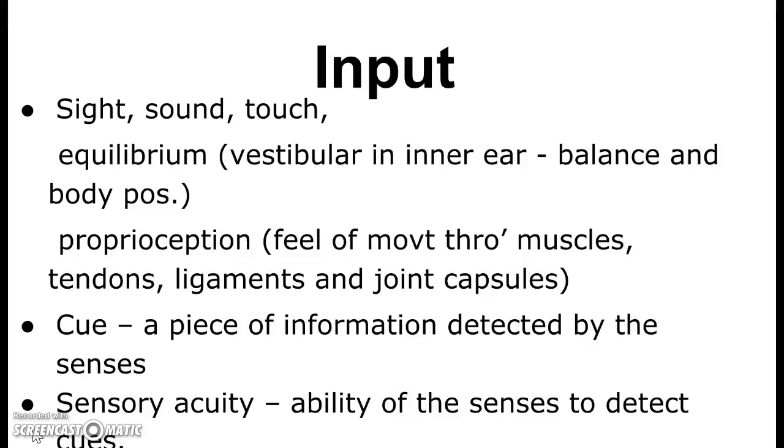Proprioceptors in the joints, ligaments, tendons are able to give information about the position of the body in space, and also the length of the muscles at any particular time and the amount of muscle force or contraction which occurs as well. So that information is detected by proprioceptors and is valuable information for the learner.